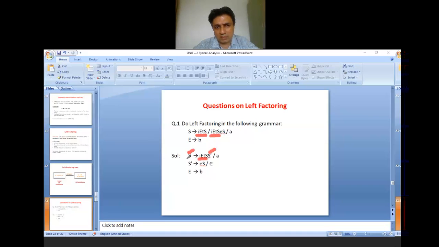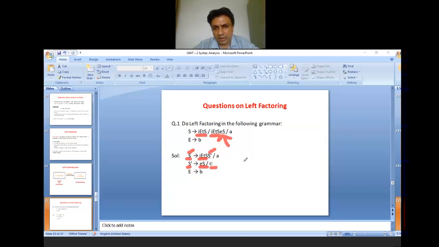Here S is on the left hand side, so we also write S dash here. The second one is S dash produces eS. Here you can see eS is extra, not common, and iEtS is consumed. So here only epsilon is there. That's why we can write eS in one production and epsilon in the second production.